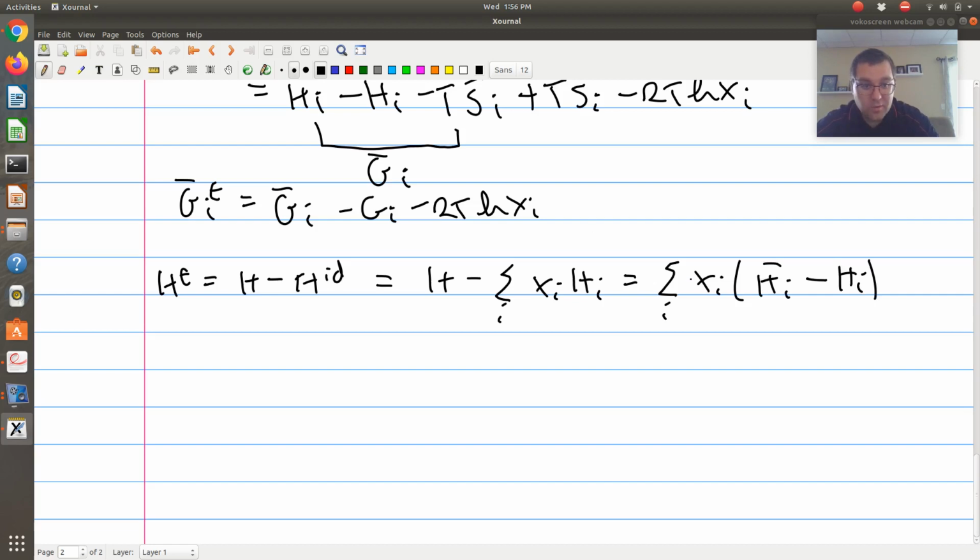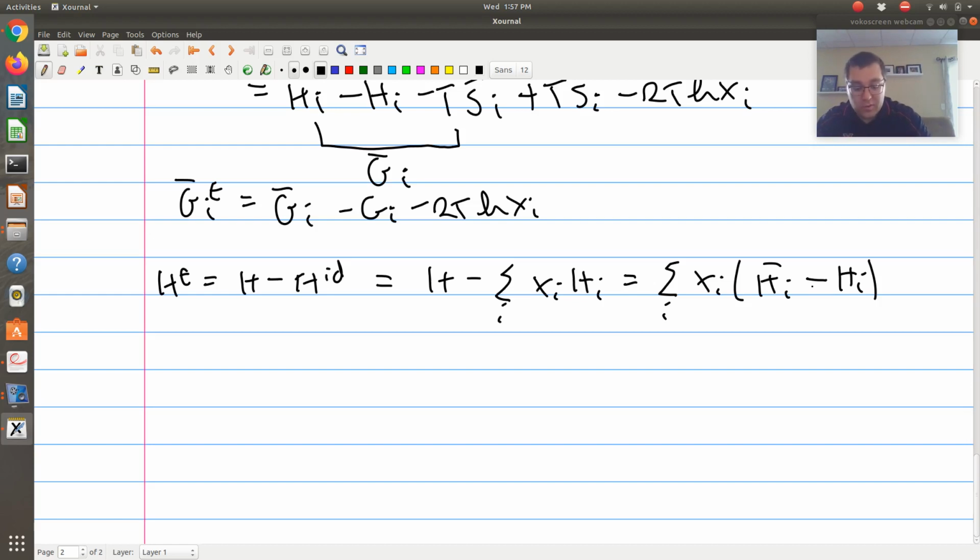Since H is just the molar average of my partial molar values. Now it becomes obvious, in the pure component limit, my partial molar property is just equal to my pure component molar value. So this term here goes to 0. So in the pure component limit, your excess property is 0, because in the pure component limit, I have an ideal solution. And again, all of the expressions that we've worked out previously, all of our differential expressions, are just as applicable to excess properties as they are to residuals or anything else.